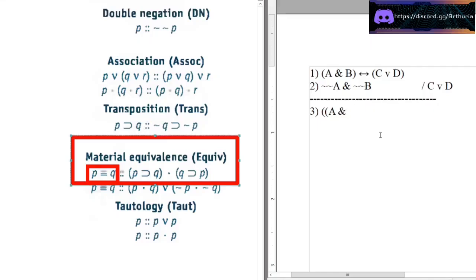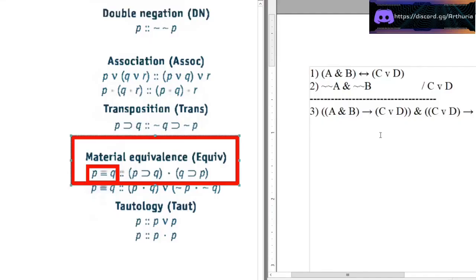A and B, then, if that's true, C or D. And then it also goes the other way. So this would be C or D is true, then A and B are true.